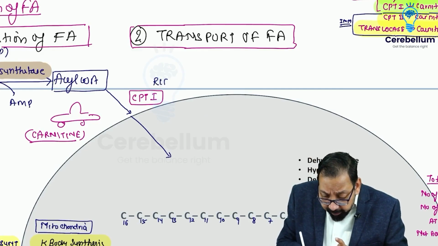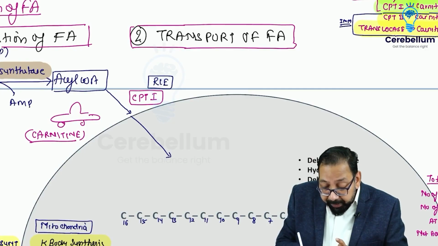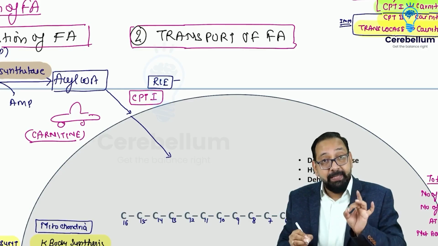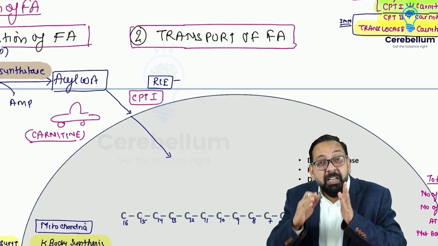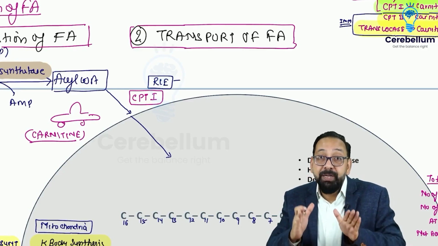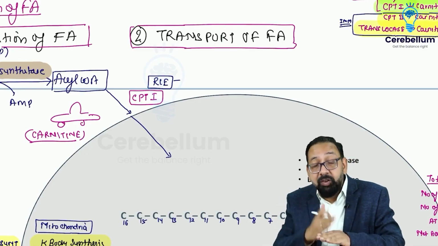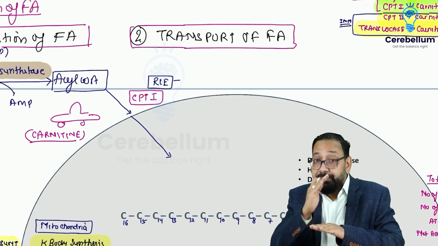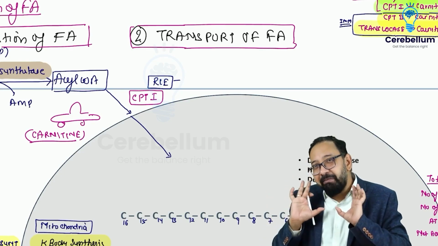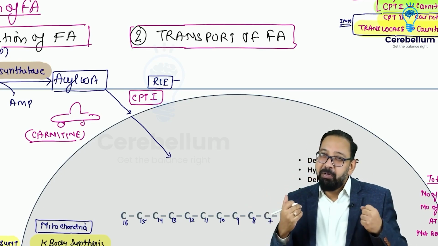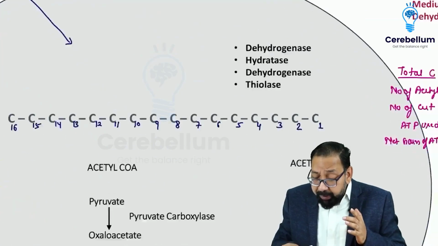This is the rate limiting enzyme of beta oxidation of fatty acid. Sometimes we say this is the gateway of beta oxidation. With this enzyme, the fatty acid will enter the mitochondria, and when it enters, it will be oxidized.